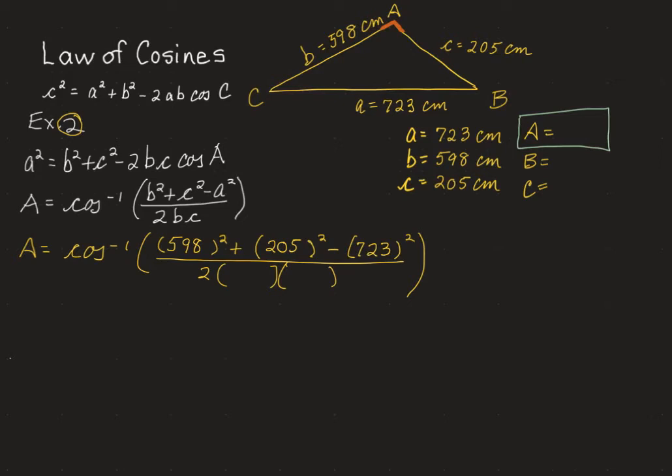Those are all the sides. And on the bottom we have 2 times side B, which is 598, times side C, which is 205. When you are putting this in your calculator, I suggest you add an extra set of parentheses here to make it easier to do your calculations.